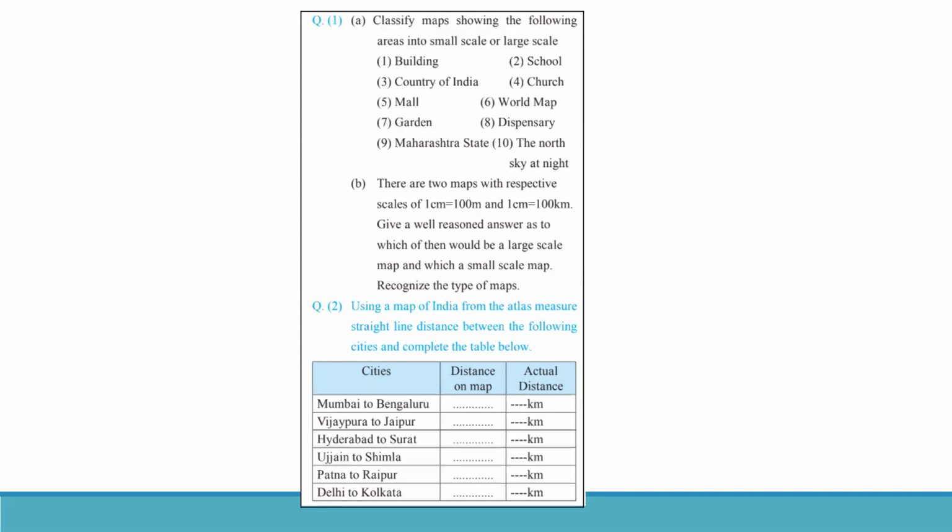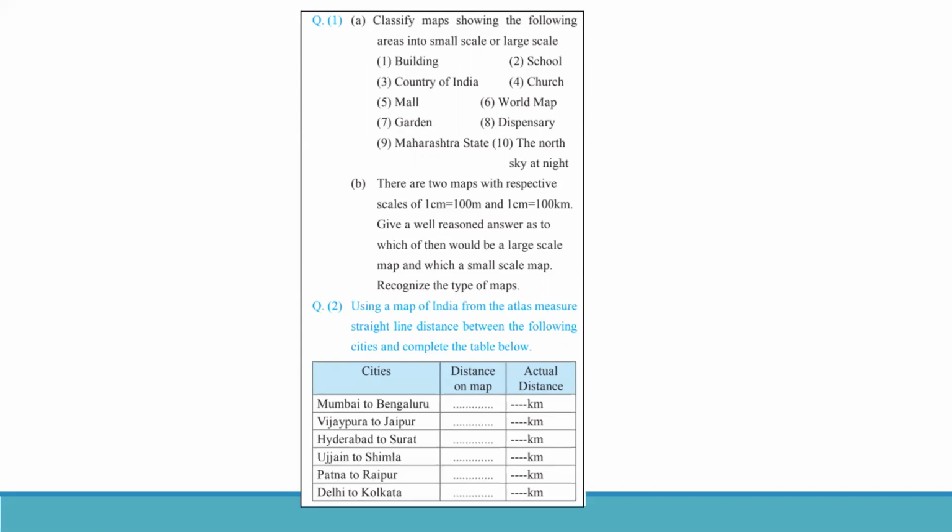Church, large scale. Mall, large scale. World map, small scale. Garden, large scale. Dispensary, large scale. State of Maharashtra, small scale. The North sky at night, large scale.